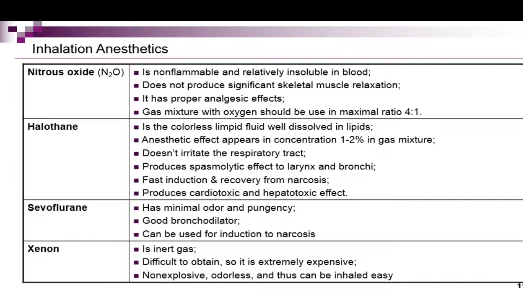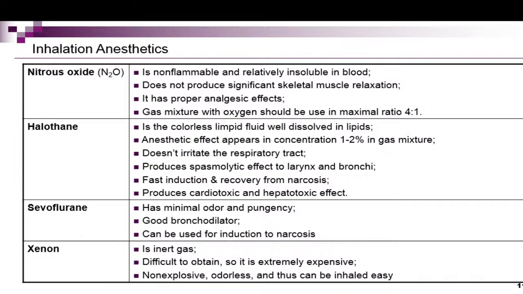So with nitrous oxide we can achieve very good analgesia, suppression of the CNS, but very insignificant muscle relaxation. It will not be convenient for the anesthesiologist for intubation of the patient and not convenient for the surgical team to perform intra-abdominal operation. Gas mixture with oxygen should be used in a maximum ratio of 4:1, means 4 parts of nitrous oxide and 1 part of oxygen.